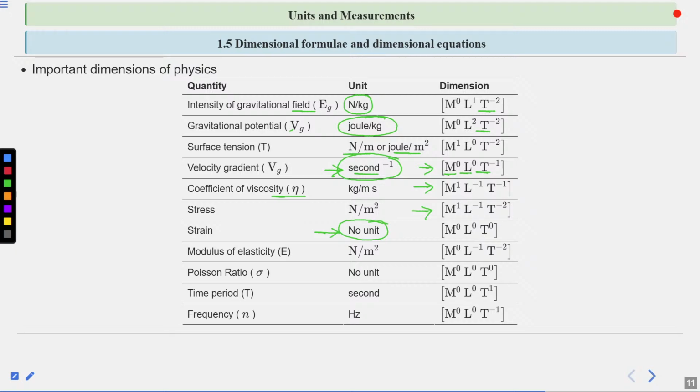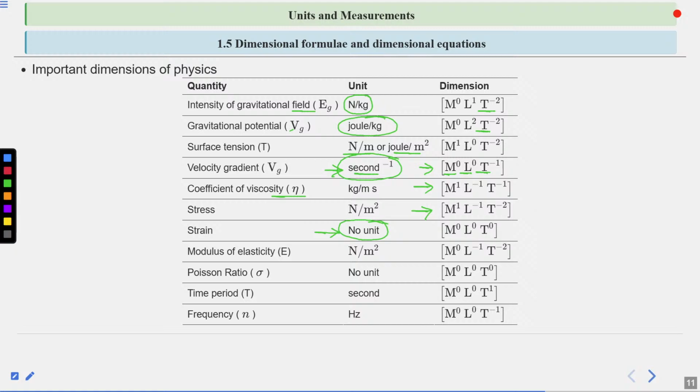Poisson ratio, denoted by sigma. What is the unit of Poisson ratio? It has no unit. And the dimensional formula is M0 L0 T0.